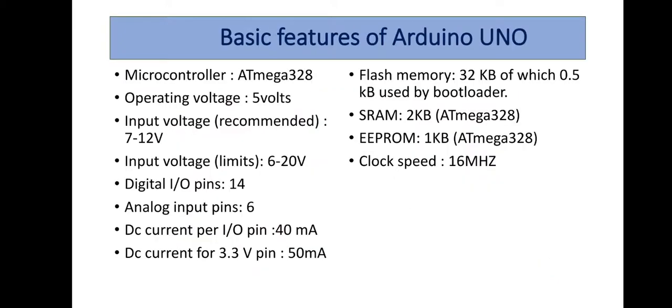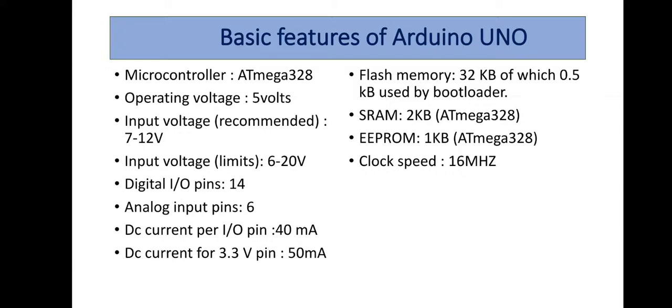So, basic features of Arduino UNO. In the hardware, you can see a number of components attached to the Arduino board. One important one is the microcontroller. The microcontroller attached to the Arduino is the ATmega328, and the operating voltage of Arduino is 5 volt.